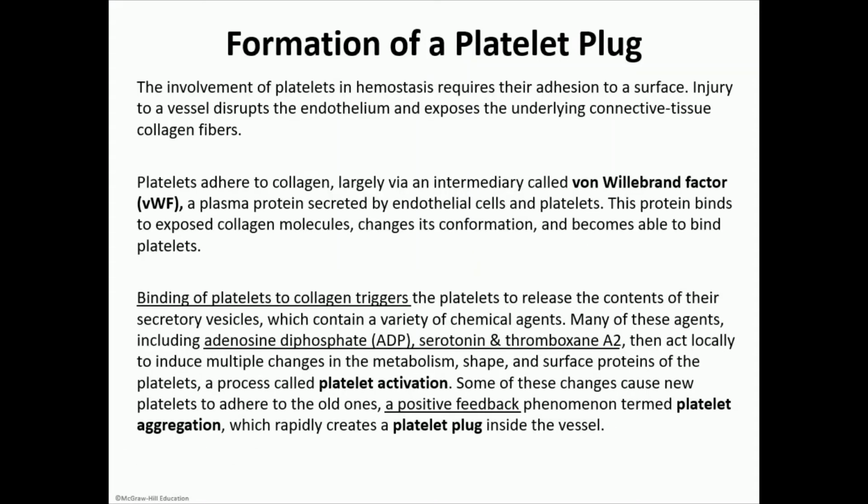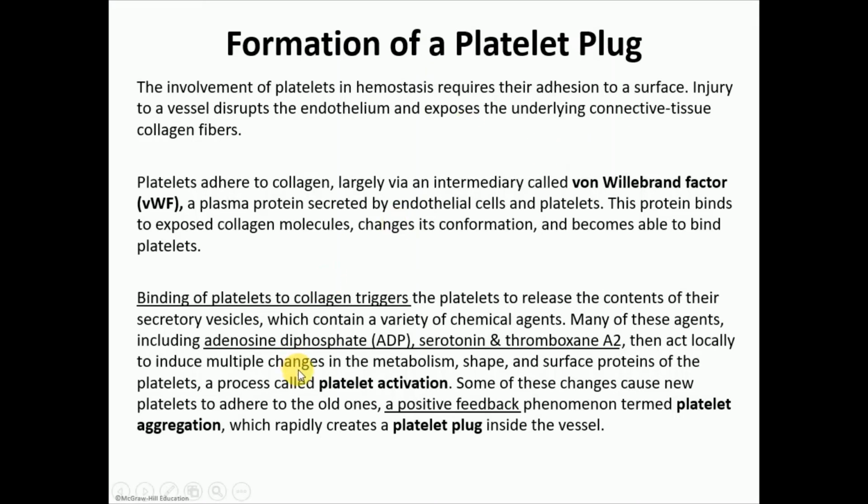Now, formation of a platelet plug. Under normal circumstances, with a smooth endothelium without any damage, the platelets are not activated, and they do not stick together to make a platelet plug. When we lose that endothelial lining, and these platelets are exposed to the connective tissue, whether in the blood vessel or outside of the blood vessel, that is going to lead to the activation of these platelets.